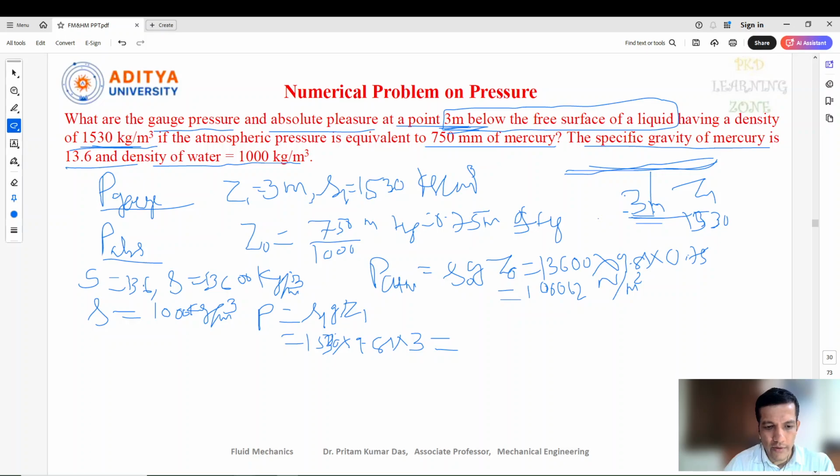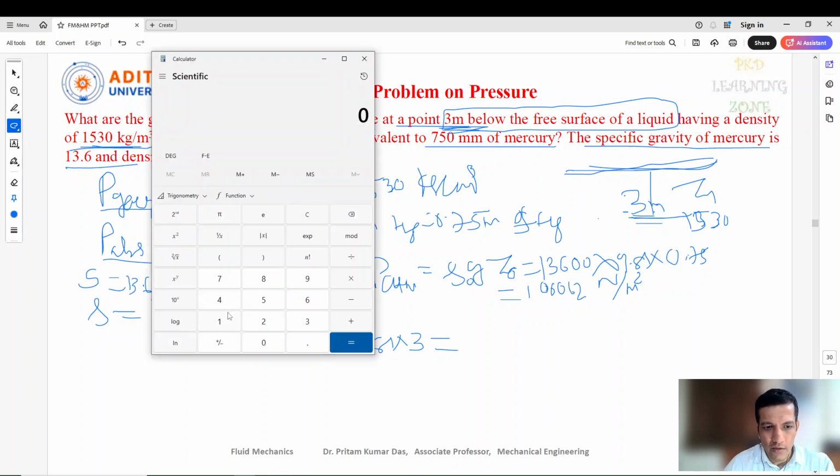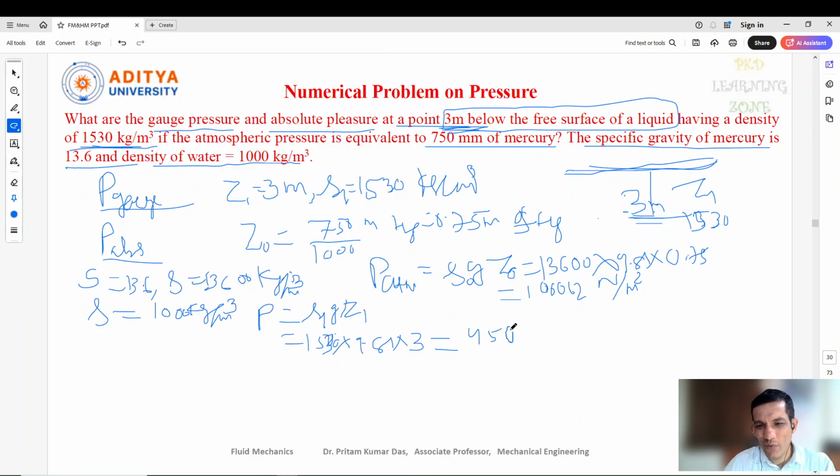Similarly, we can calculate this: 1530 into 9.81 into 3 gives 45,027 Newton per meter square.